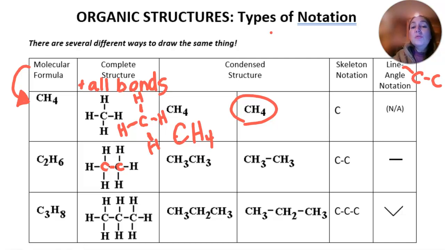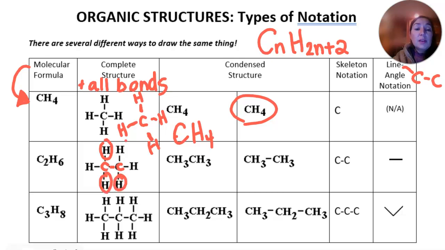And there's actually a useful formula for alkanes: CnH2n+2. So in other words, when you have all single bonds, your hydrogen count is going to be 2 times your carbon count plus 2 extras. How does that make sense? Well, there's 2 hydrogens on every carbon, plus you also have to add the 2 end hydrogens. So there's your plus 2.